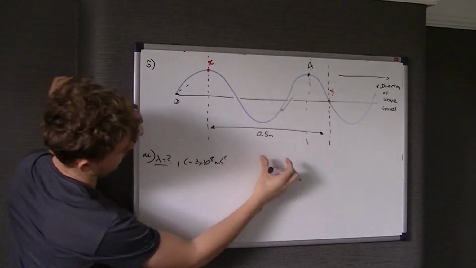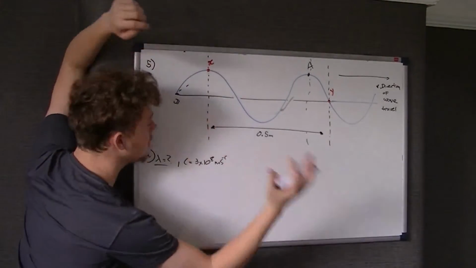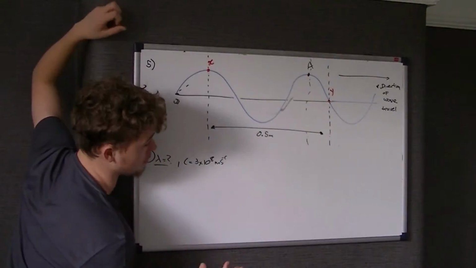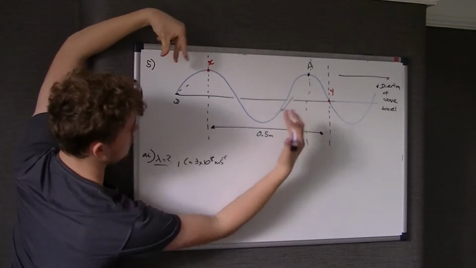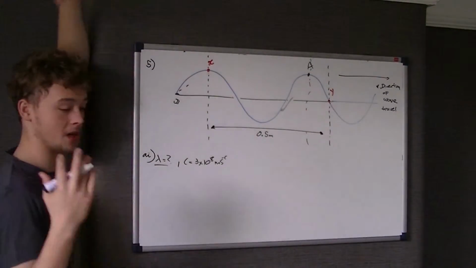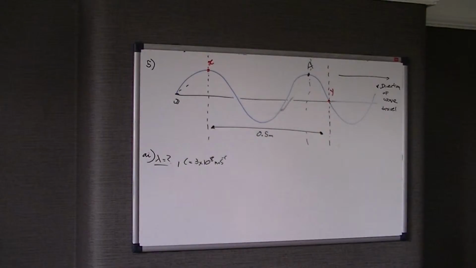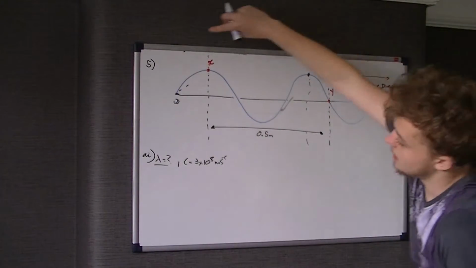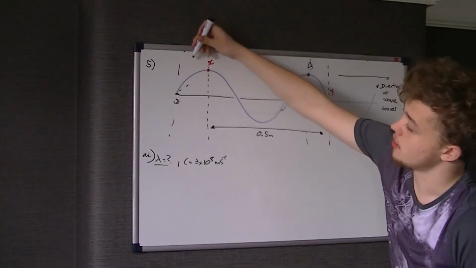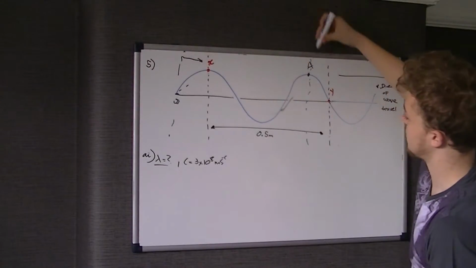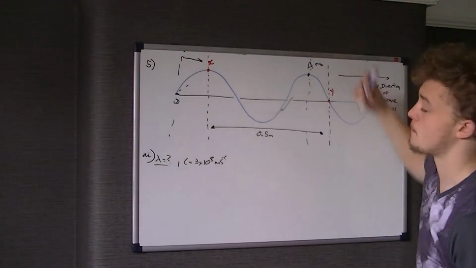So A and X, this point that's not on the diagram but you might want to label, there's nothing stopping you doing this, the difference between A and X is 2 pi in terms of the phase difference. Because I said the difference between X and B is pi on 2 radians, the distance between A and Y must also be pi on 2 radians.